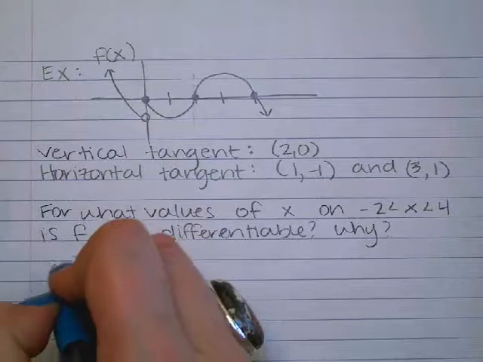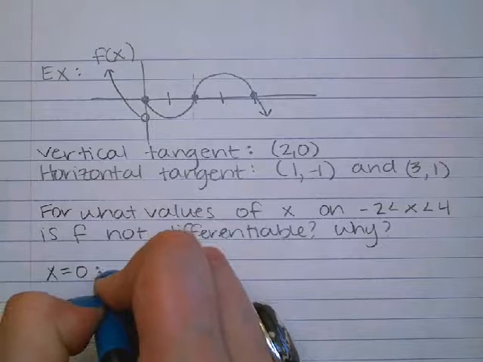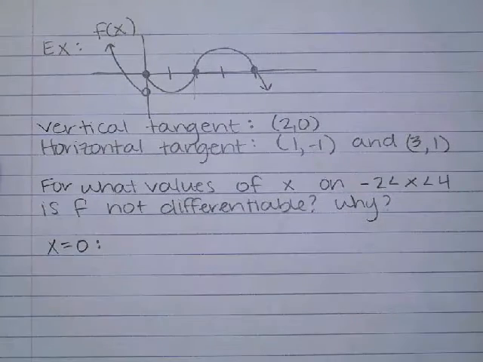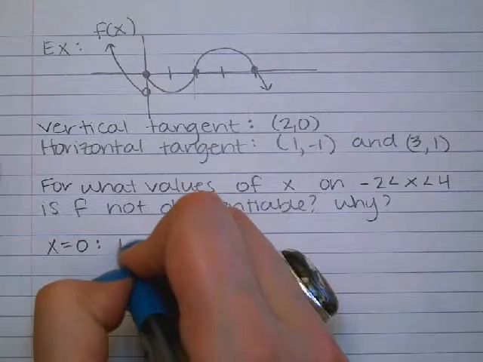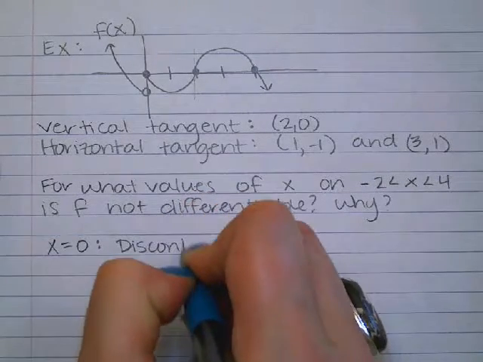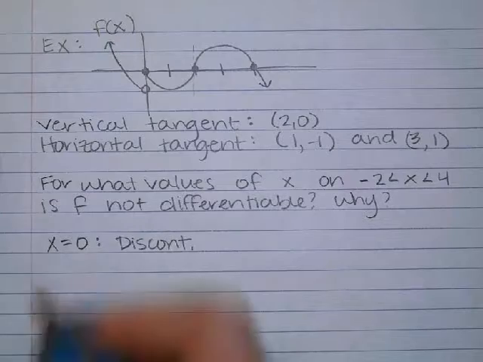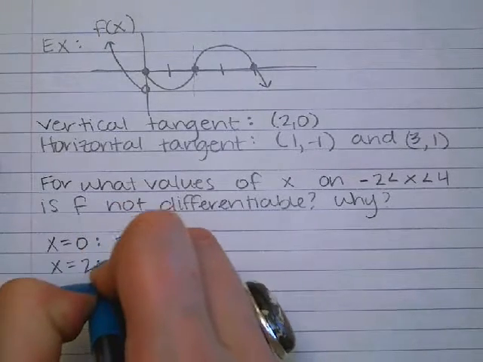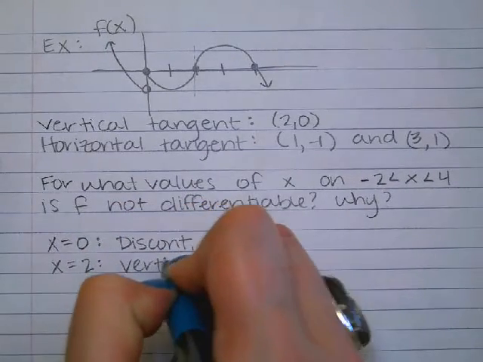So at x equals 0, why is it not differentiable at x equals 0? There's a jump, which is a type of discontinuity. And then where else? X equals 2 because there's a vertical tangent.